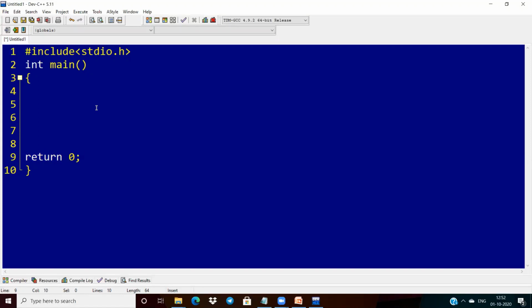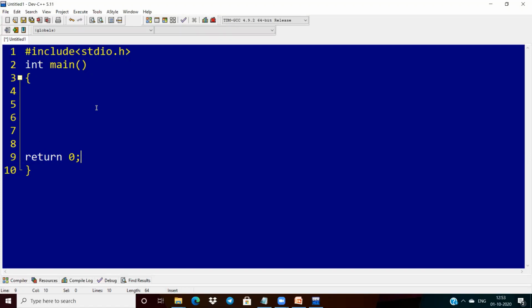What is the question here? The question is to find the kth largest factor. So what inputs do we need? We need two inputs: one is the input n, meaning the number, and the second one is the kth factor k.